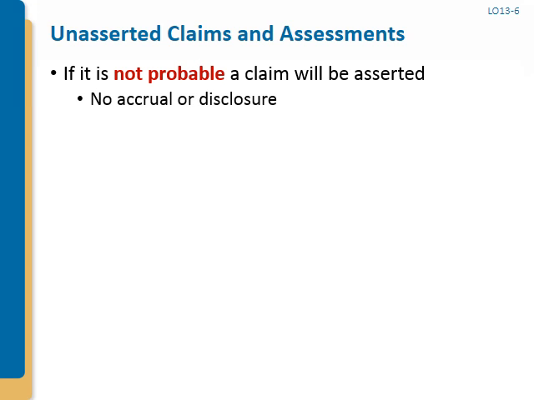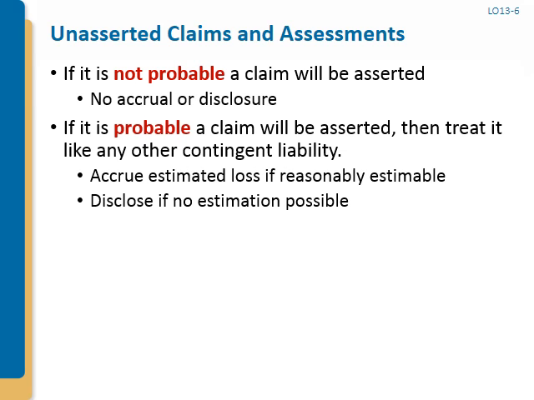Even if a claim has yet to be made when the financial statements are issued, a contingency may warrant accrual or disclosure. In this case, a two-step process is involved in deciding how the unasserted claim should be reported. 1. Is it probable that the claim will be asserted? If the answer to that question is no, stop. No accrual or disclosure is necessary.